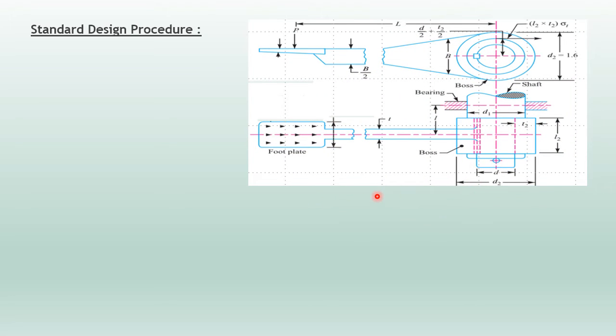Now consider this figure. This is the top view and the side view of a simple foot lever, in which you can see the three main components: a foot lever, an arm and the boss. Inside this boss a simple shaft is fitted.